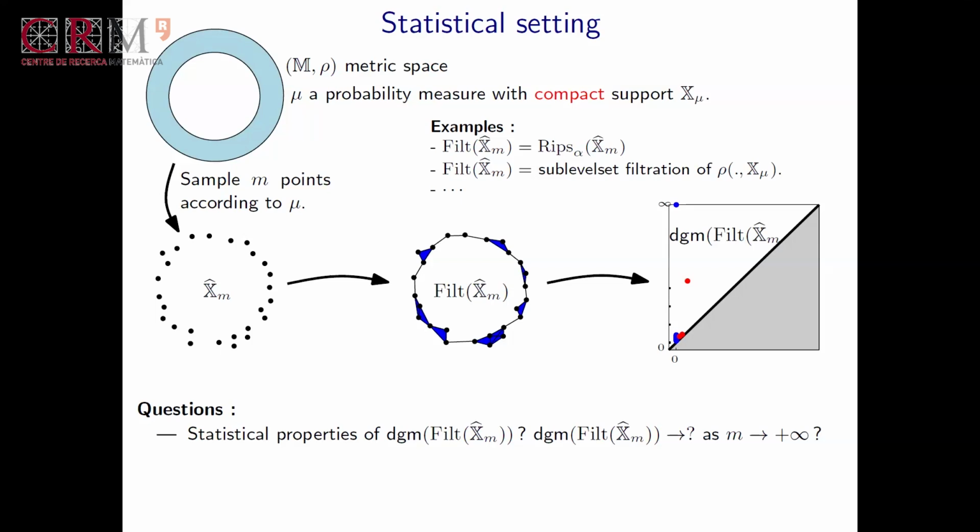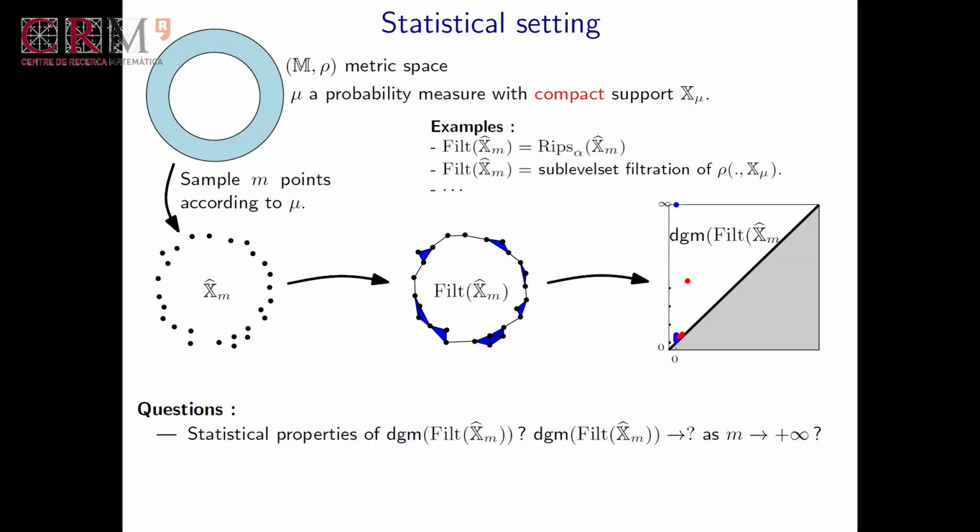Then we fix an integer m, and we sample m points at random in an IID fashion according to the measure mu. So you have a random measure and you randomly pick m points according to your measure mu. Now what we get here is a random data set.